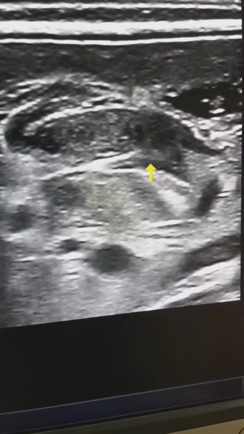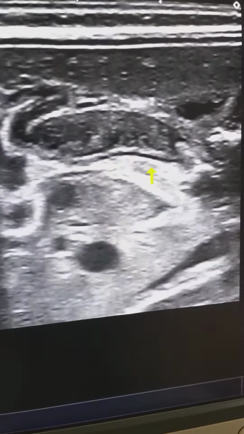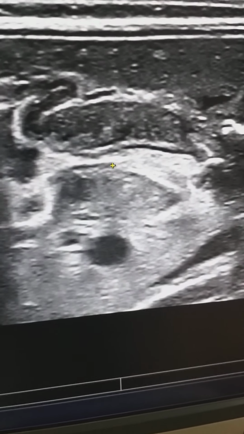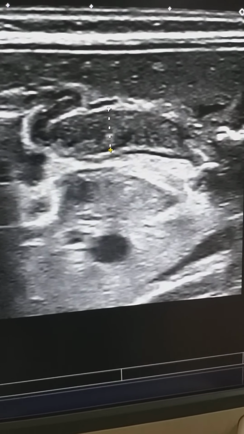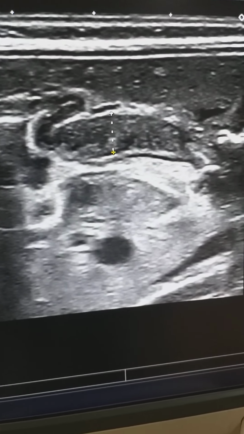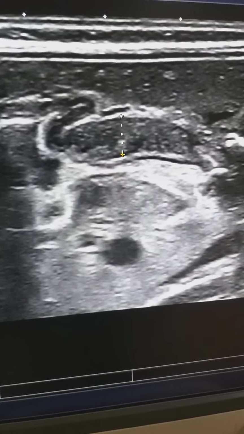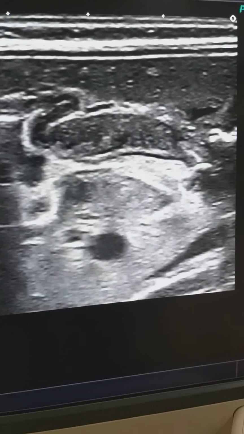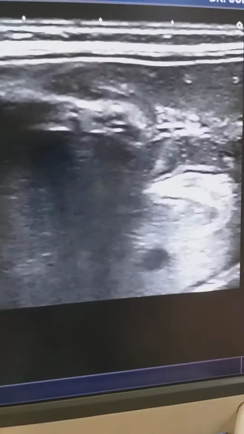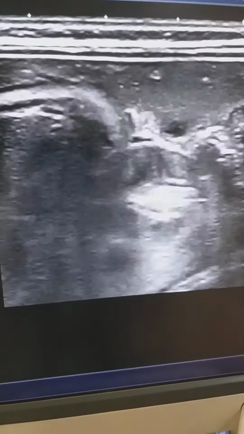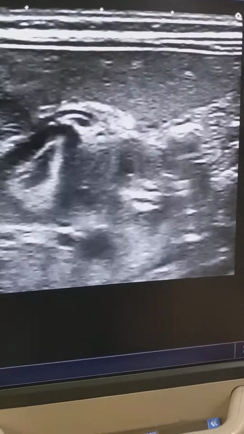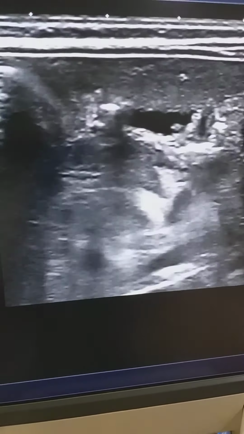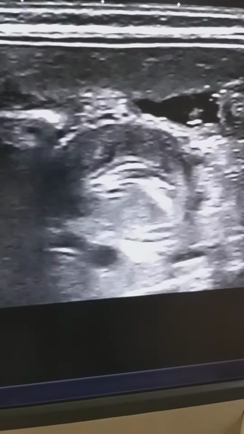And if we measure the muscles, this is almost 5 millimeter, and the normal criterion is less than 3 millimeter. So this is the classical case of hypertrophic pyloric stenosis.